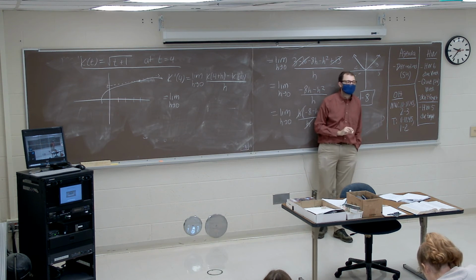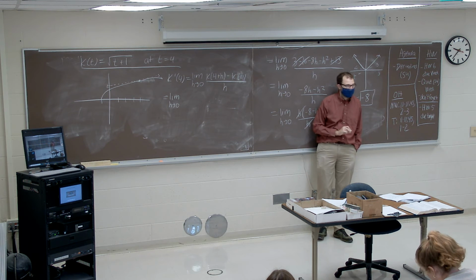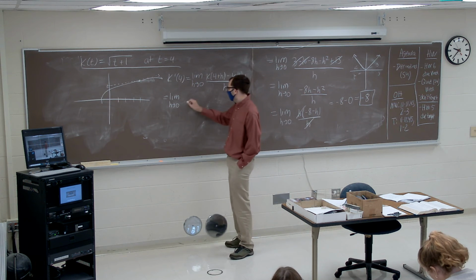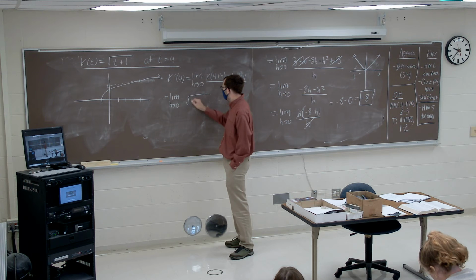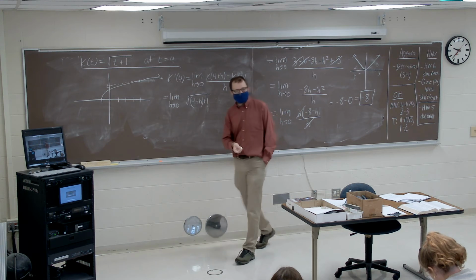So can anybody tell me what k of 4 plus h is going to be in this circumstance? Rachel, you want to give it a go? Is it the square root of 4 plus h plus 1? Everybody okay with that? I like it.